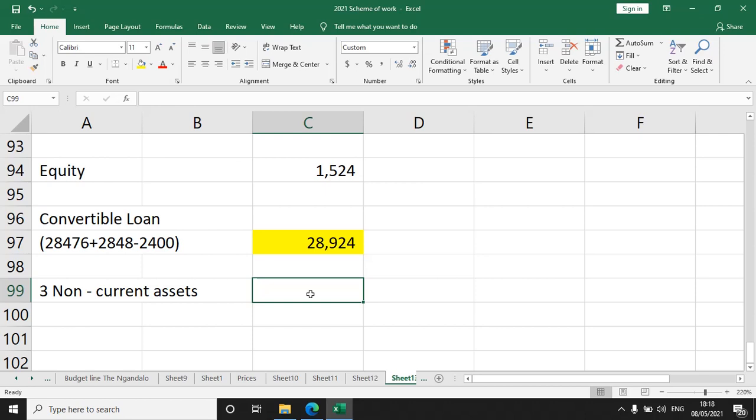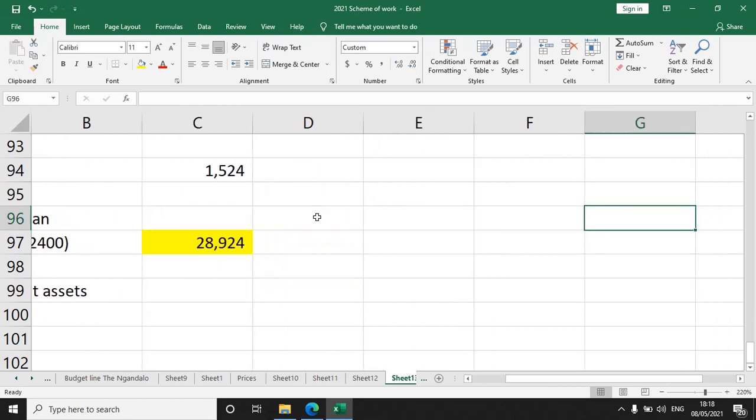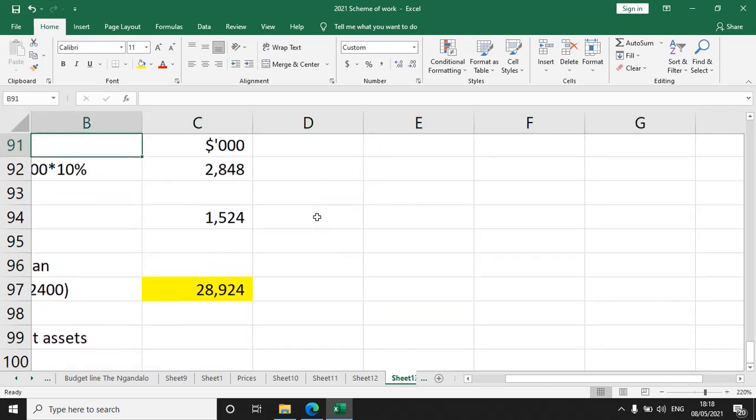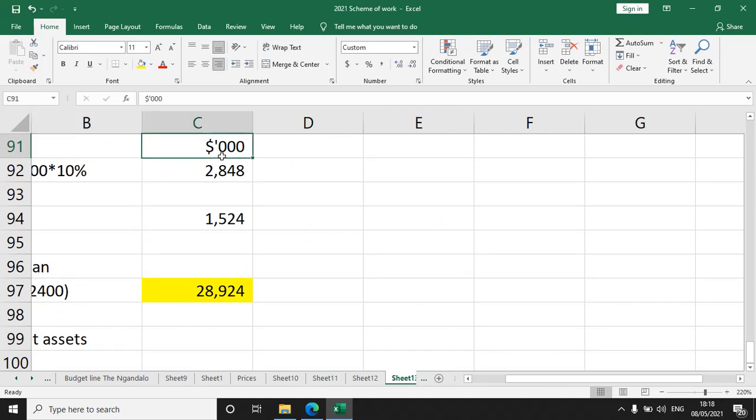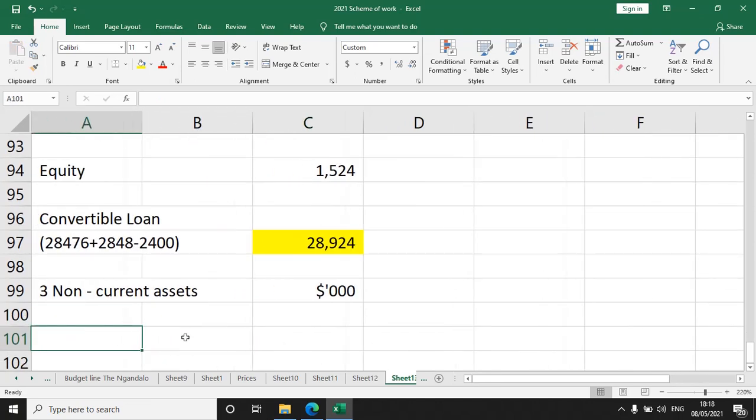So I'm going to do some bit of work here for our non-current assets, and I'm going to ask us to complete the question. Let me get my number there, put it here, and I want to start now with the issue of property.